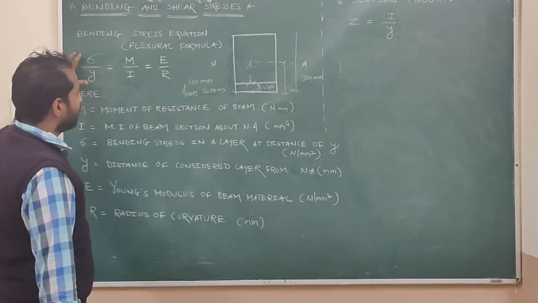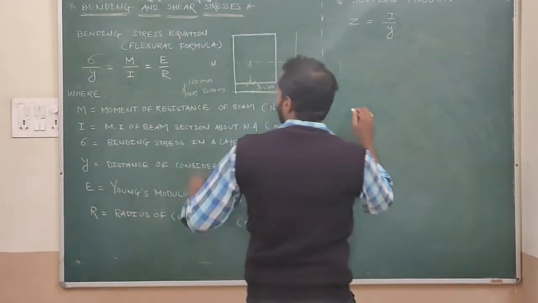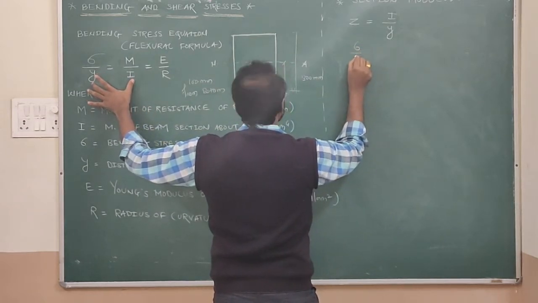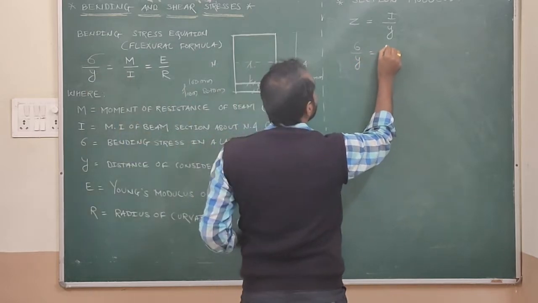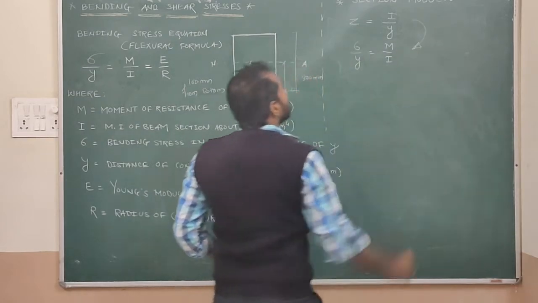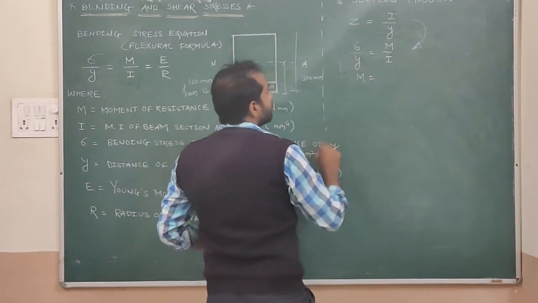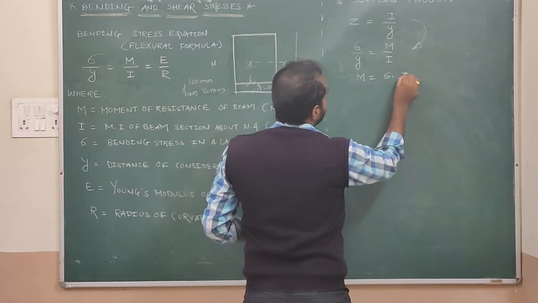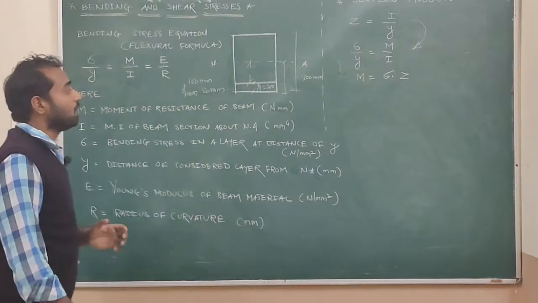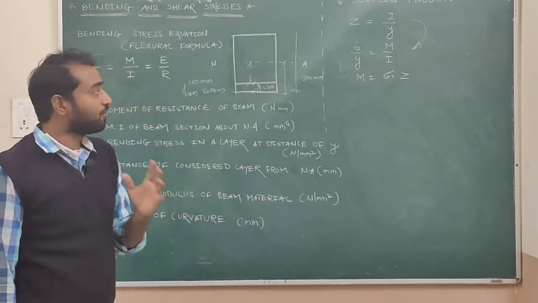Now if you put this value in the bending stress equation, using these two ratios, sigma by y is equal to M upon I. If you replace this value in this ratio, then moment M is equal to stress, that is sigma, into section modulus.